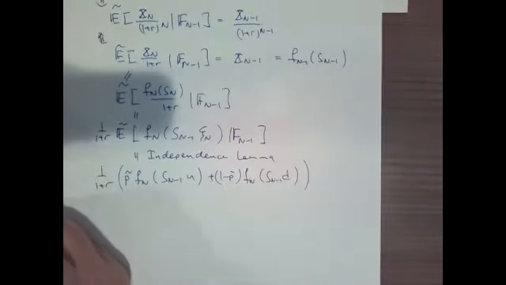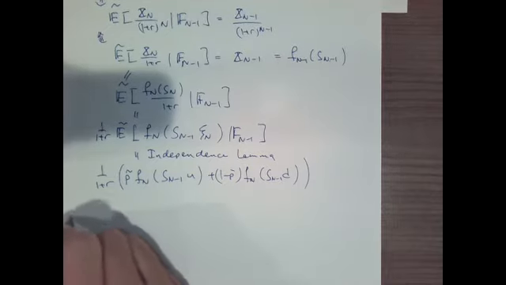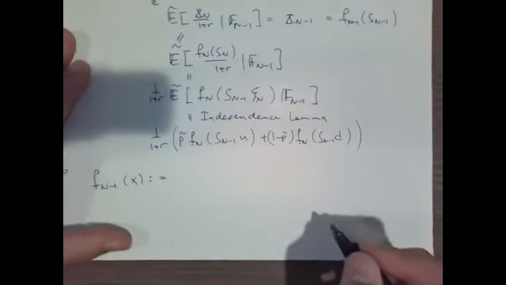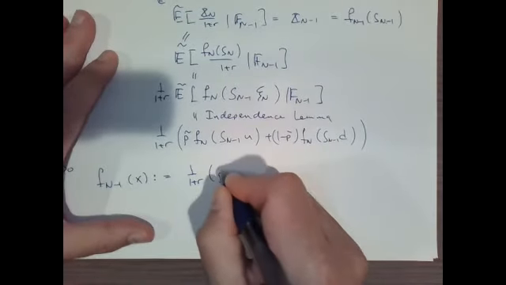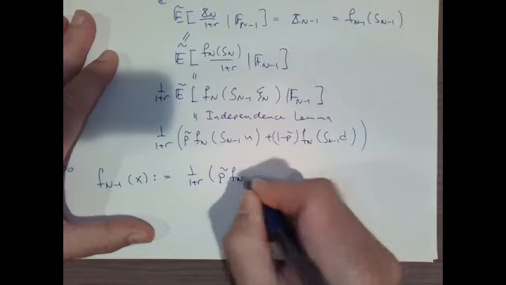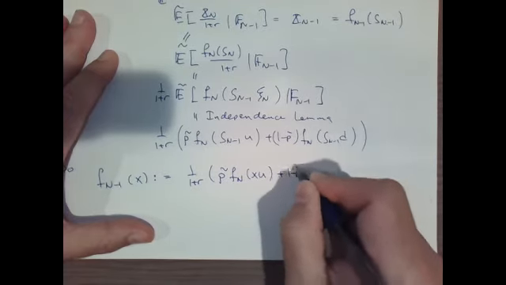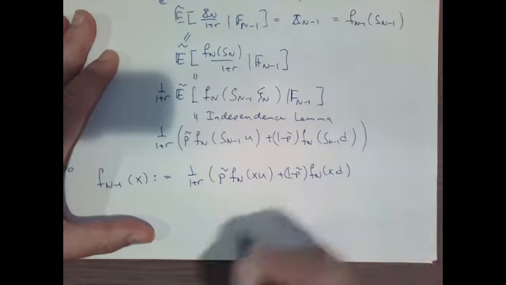And so we get, so Fn minus 1 of x should be defined as 1 over 1 plus r times p tilde Fn of x u plus 1 minus p tilde Fn of x times d.